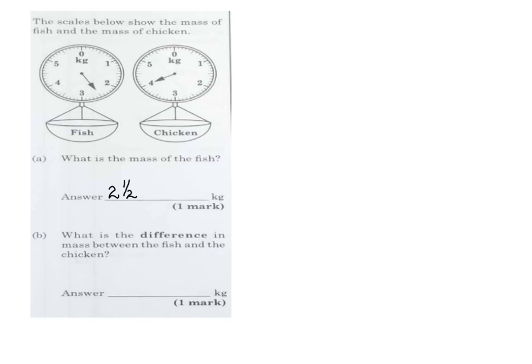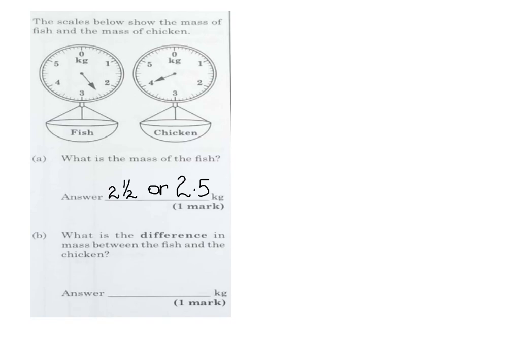You know how to write a half as a decimal? So if you know how to write a half as a decimal, you would put 2.5, right? 2.5. Now we have the mass of the fish.